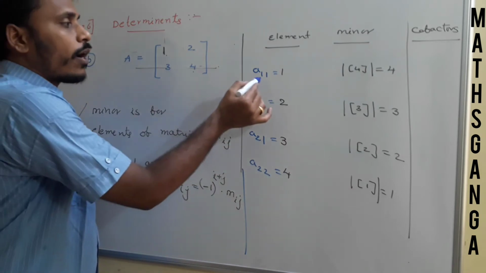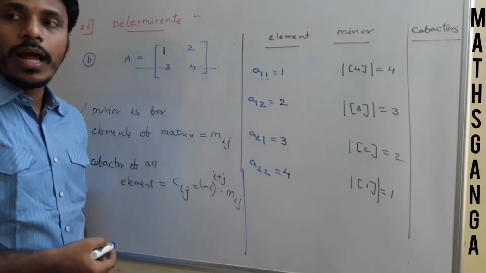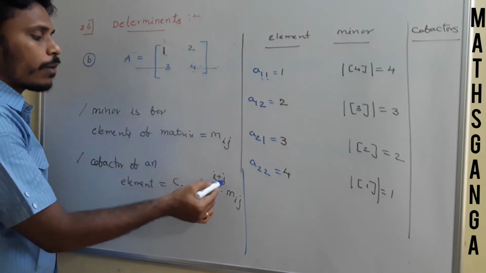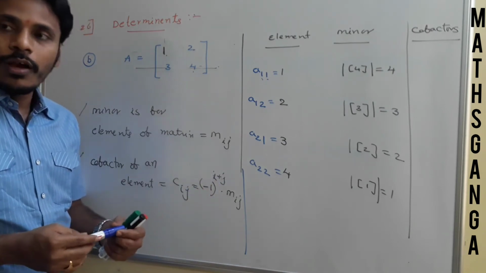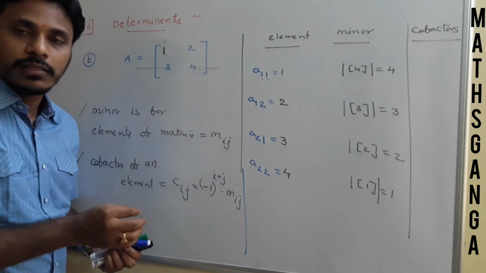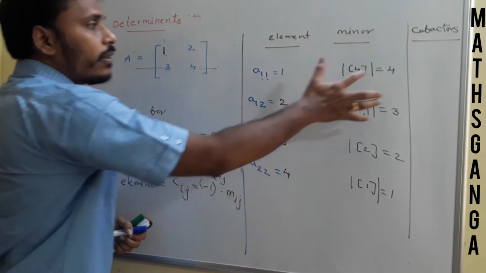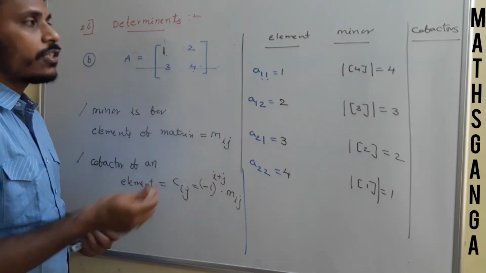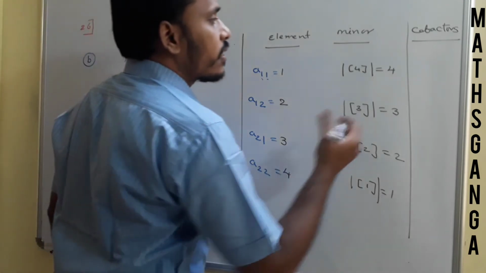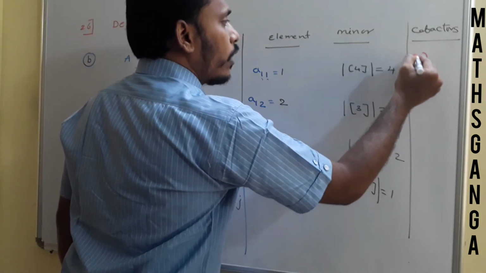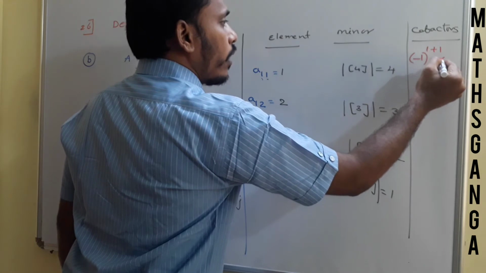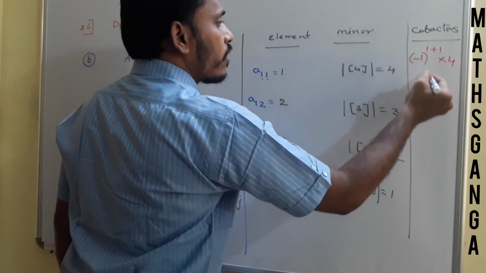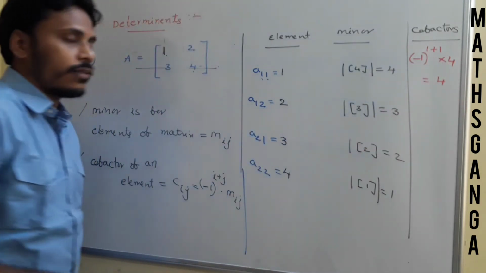You need to pay attention to these suffixes 1 and 1. -1 to the power 1 plus 1 is 2. -1 squared is plus. So you need to multiply this minor with this -1 to the power 1 plus 1 to give us the cofactor. So at the end, this answer is -1 to the power 1 plus 1 into this -4. This is plus again, so your answer is 4 itself.